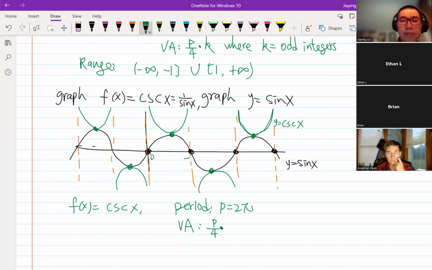This is pi. This is 2 pi. This is 3 pi. So period divided by 4 is pi over 2 times even. I'm going to use n, where n is an even integer.